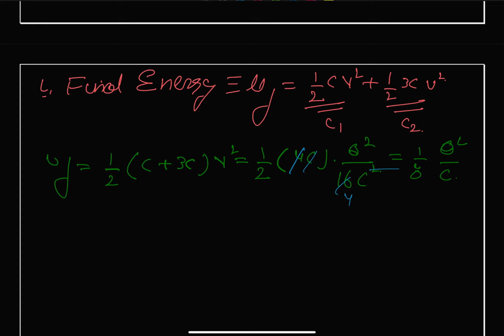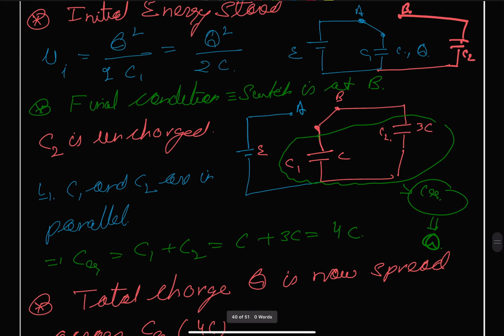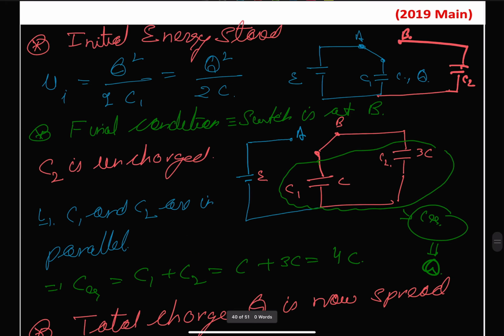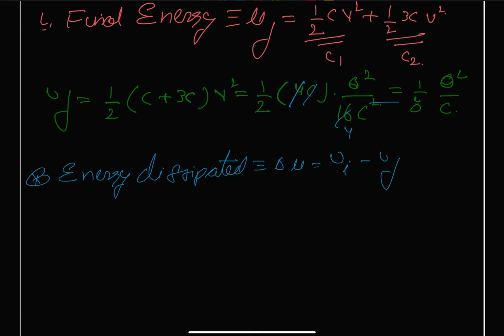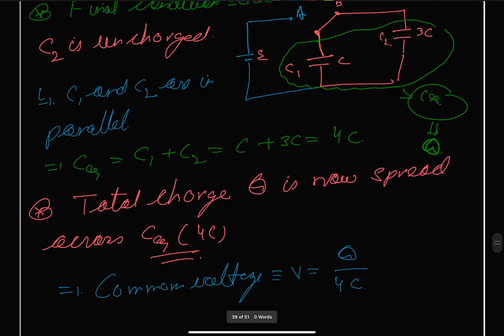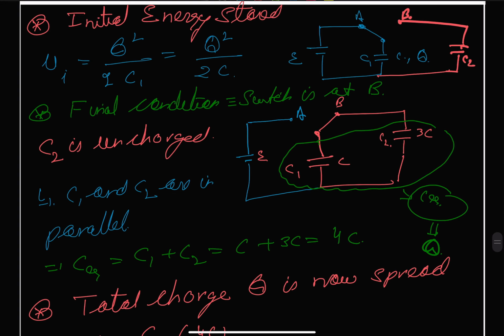Now we are going to find the work done, the energy dissipated. Let us call that delta U, which will be equal to U initial minus U final. We know that U initial is Q square upon 2C.